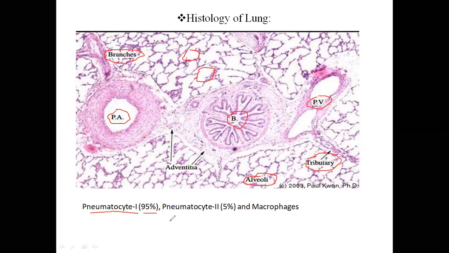And the other cells present are pneumocyte type 2, which are cuboidal, and some columnar cells will be there, and they secrete the surfactants. They will keep your alveoli lumen moist.